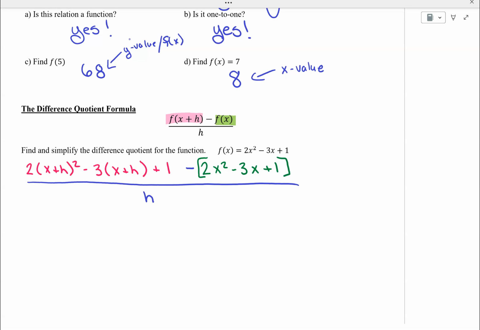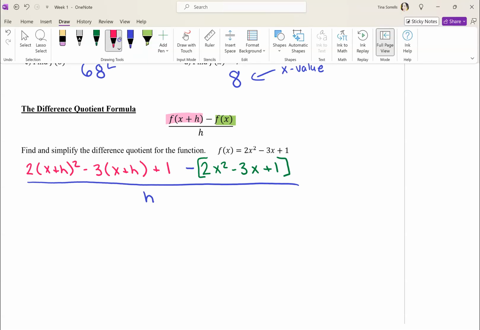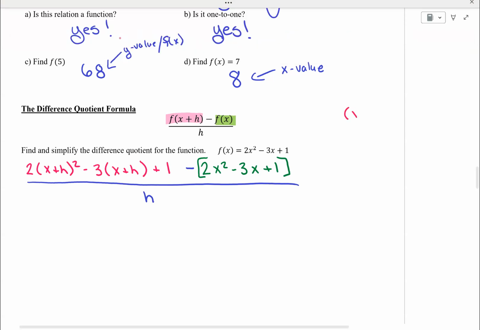Okay, so that x plus h squared, that is not something that I've completely reviewed yet. So we do have a power, which means we have to write it twice. So I'm going to come over here and I'm going to write it twice. I do not know if you guys remember, but this is a problem that you will have to FOIL. So you're going to multiply your first, which is x times x, that's an x squared. Your outer, which is x times h, which would be xh.